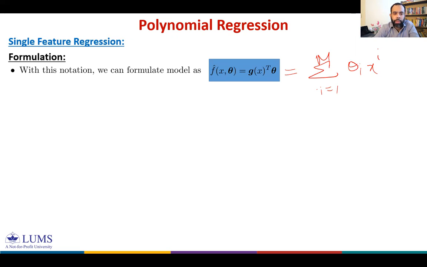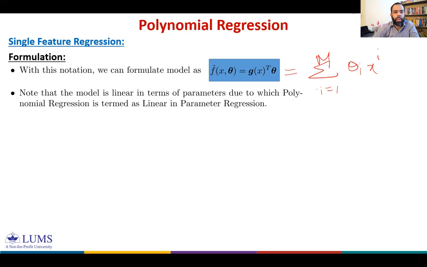This is indeed a polynomial model. But if you observe this, this model is linear in terms of parameters. And due to this, we refer to polynomial regression as a linear in parameter regression.